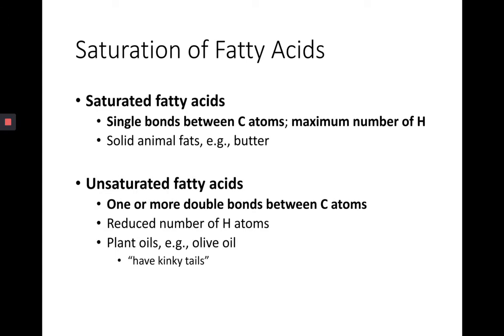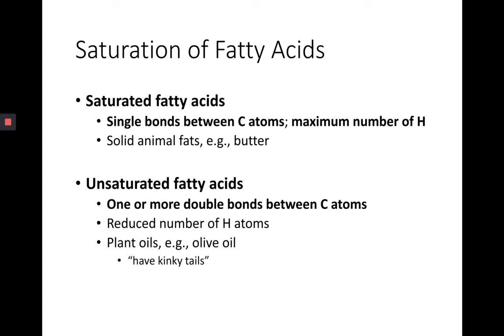If there is just a single bond between the carbon atoms that make up the fatty acid tails of, say, a phospholipid or a fatty acid chain, then we would say that those fatty acids are saturated because they have the maximum number of hydrogens covalently bonded to their carbon atoms. Saturated fatty acids are also solid at room temperature. So saturated, solid. A good example of a solid saturated fat would be butter.